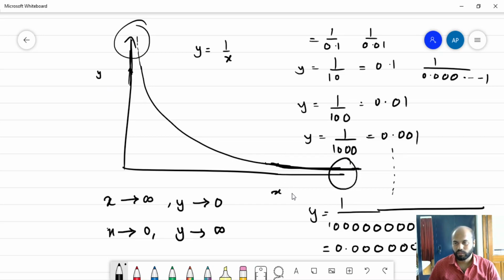In the first case we saw this, second case we saw this. So that is the reason why we are applying limits over here. So we say that limit x tending to infinity 1 by x is nothing but 0.